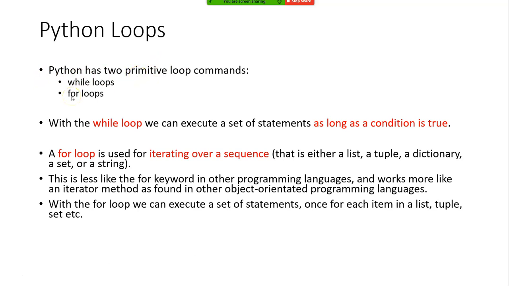But the right way to go about putting it in a loop is while or for. In a while loop, we can execute as long as a condition is true. In a for loop, we are iterating over a sequence. Do you understand what I'm talking about?